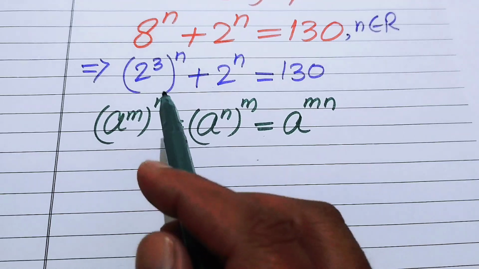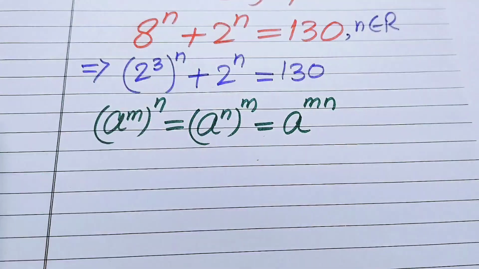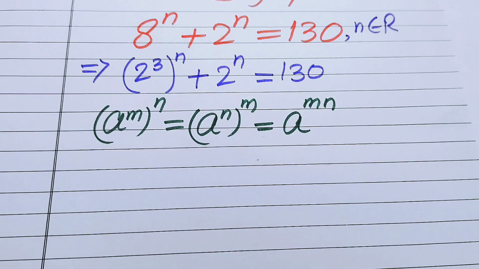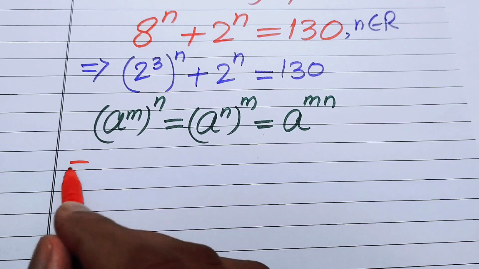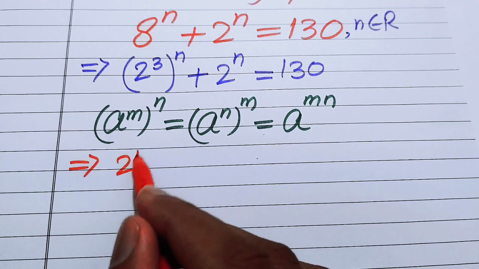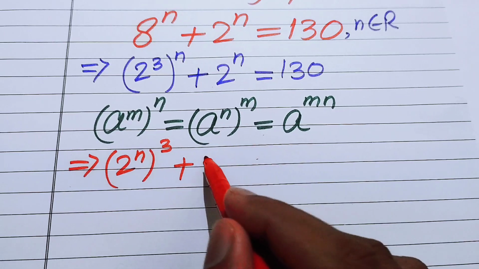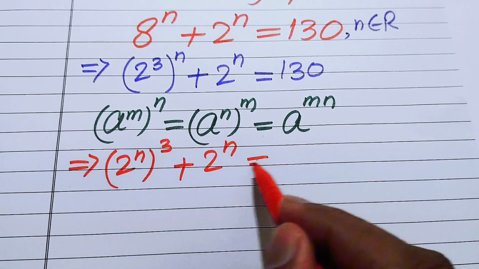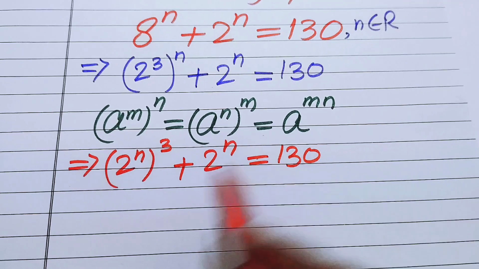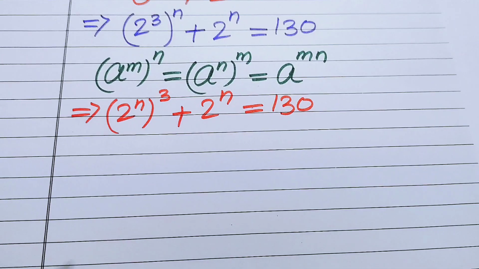So now we need to change these two exponents. After changing them, we get 2 to the power of n, and its whole cubed, plus 2 to the power of n, and this whole equals 130.